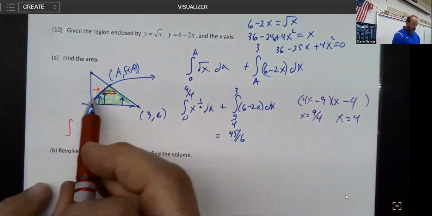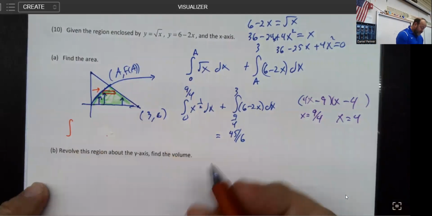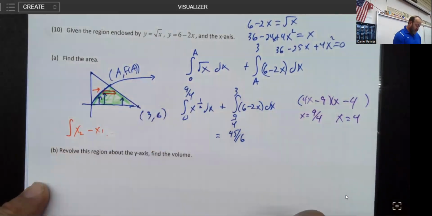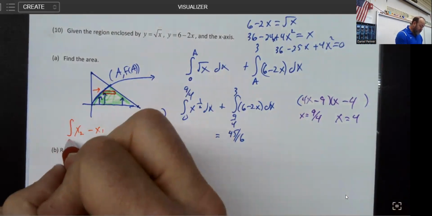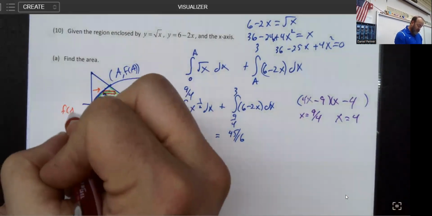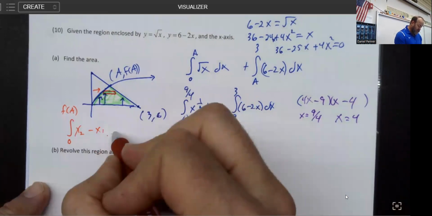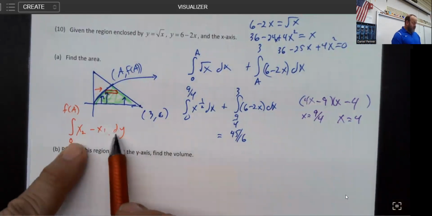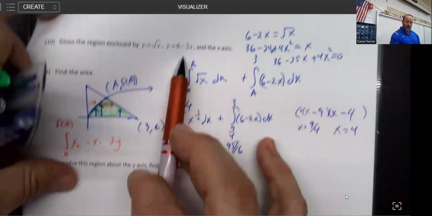So from here to here is x2 minus x1, and I would be going from 0 up until f of a, whatever that y value is, with a dy, because we're looking at it in that other way. So keep in mind, if I did do that, I could resolve this equation.